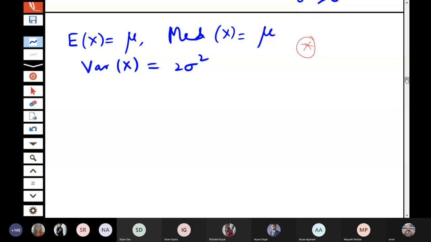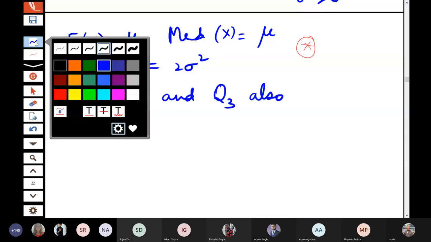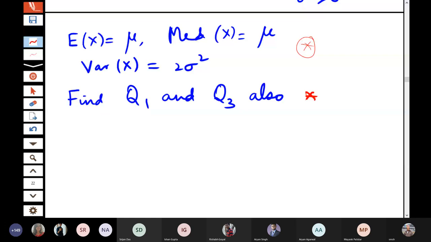You can calculate, for example, quantiles also, find Q1 and Q3 also. I am just leaving it as an exercise for you. You do these exercises.